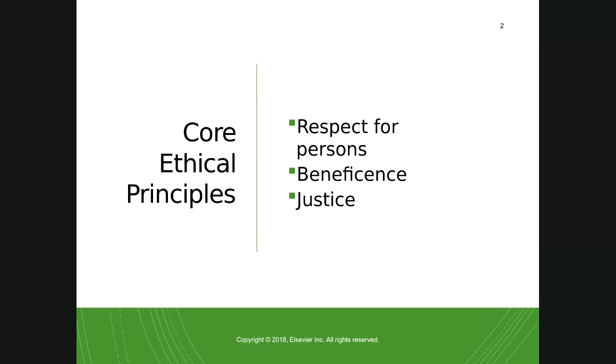Now, respect for persons means patients are to be treated as independent persons who can make their own decisions that are in their own best interest. Beneficence is the duty to protect research subjects from harm, and justice requires the selection of the research subjects to be fair.